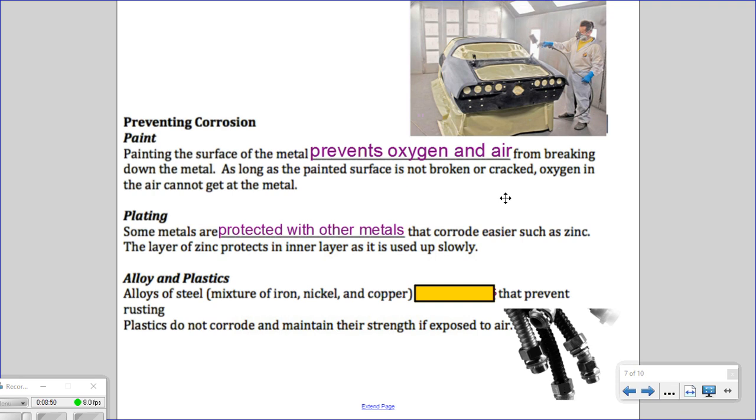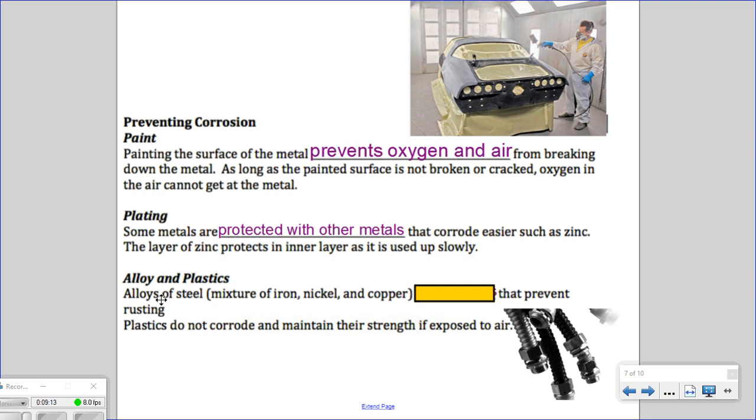So if you ever buy an item and it is galvanized, galvanized means that it has been coated or plated with zinc. Zinc, when it reacts with air, will form a compound called zinc oxide, which is just as hard as zinc, so it will protect the iron on the inside. Another way of preventing corrosion is through alloys and plastics.